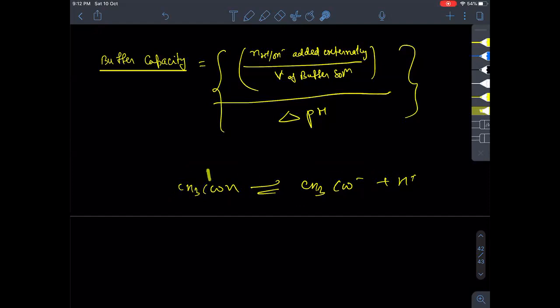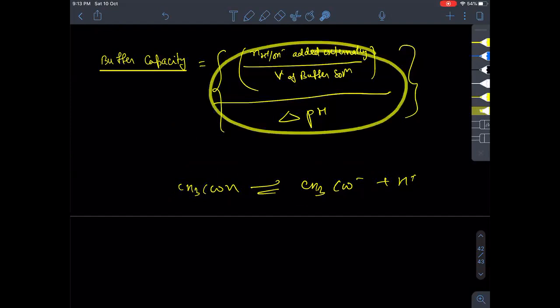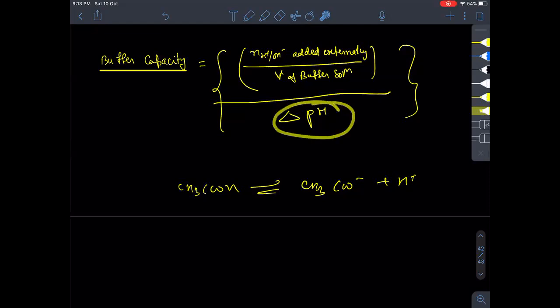You can simply solve it. Suppose you have taken 1 mole, now you add from outside 0.1 mole of HCl and try to look at the change in pH. Similarly, you take just 1 and 2, then again add the same thing and look at it. You will find that the buffer capacity will be best when the pH change is less, and that pH change will be less when you have these two things equal.